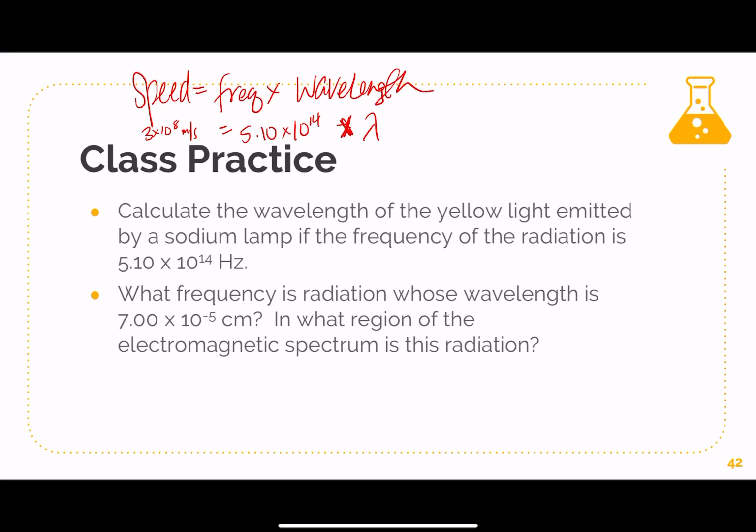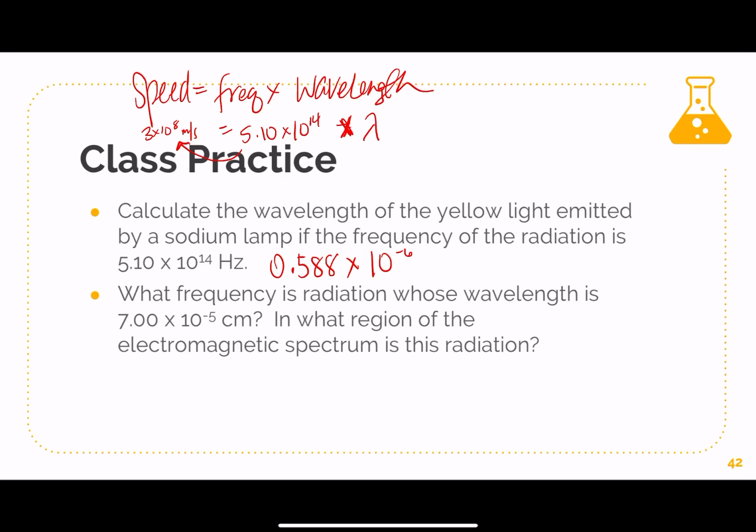So we're going to take 3 and divide it by 5.1, which gives me 0.588, and then we're going to subtract our exponents. 10 to the 8th minus 10 to the 14th, so it's going to be times 10 to the negative 6.